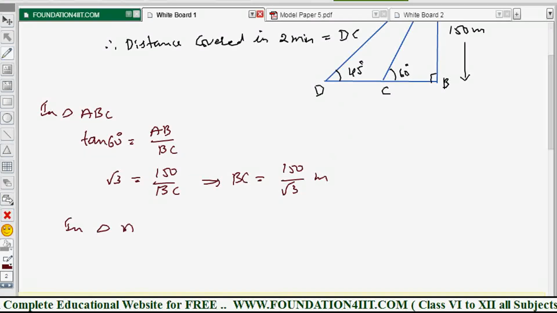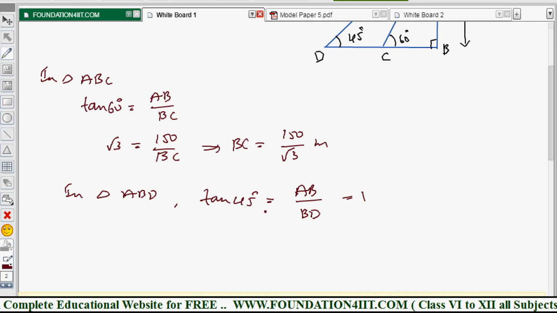Okay, in triangle ABD, so in this tan 45. Tan 45 is the same, opposite is AB, adjacent is BD. So tan 45 is equal to 1. Tan 45 value is 1.